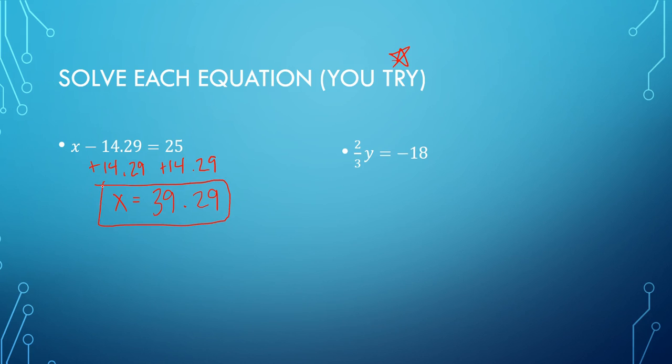In the second example, it's multiplying by a fraction. So to divide a fraction, we multiply by the reciprocal. And then negative 18 times 3/2 is negative 27. You could also have done 2 goes into 18 9 times, and then 9 times 3 is 27.